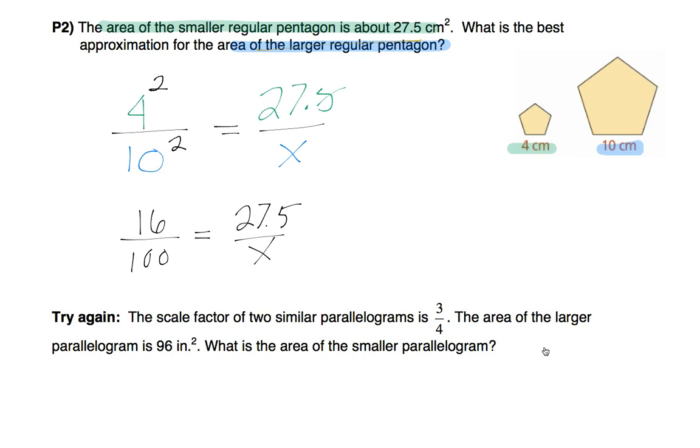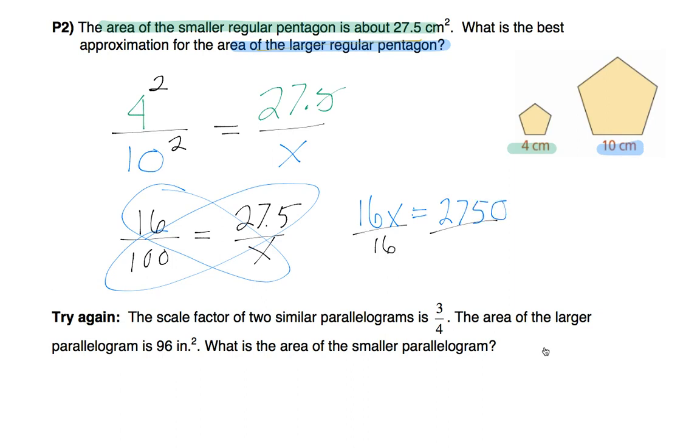We're going to do our cross products real quick. 16x equals 2,750. Which is 171.875 centimeters squared.